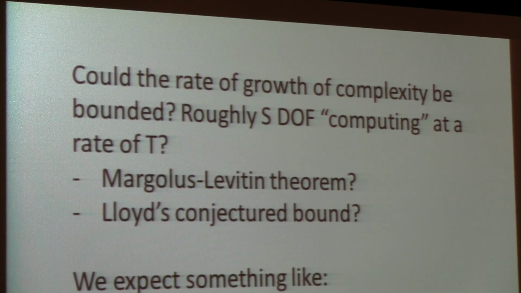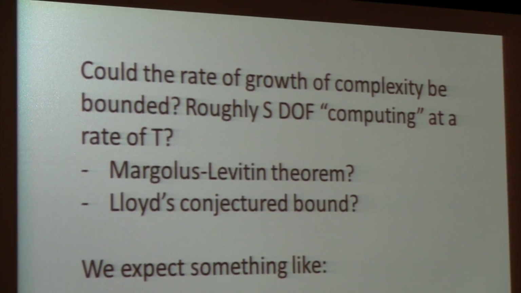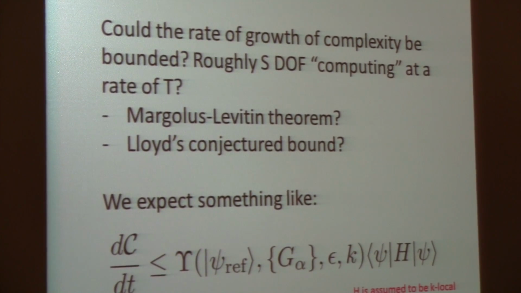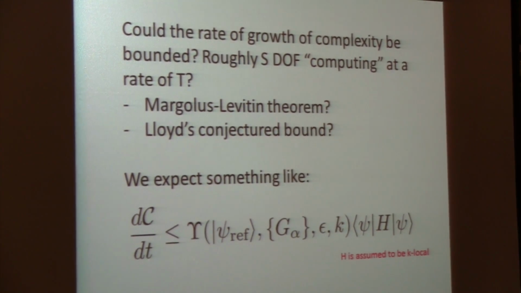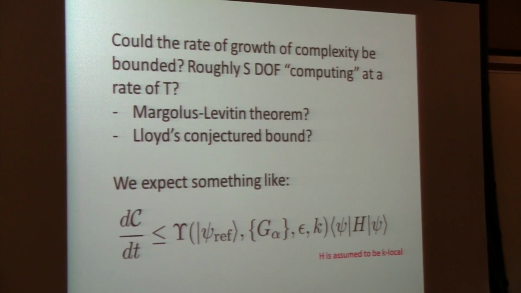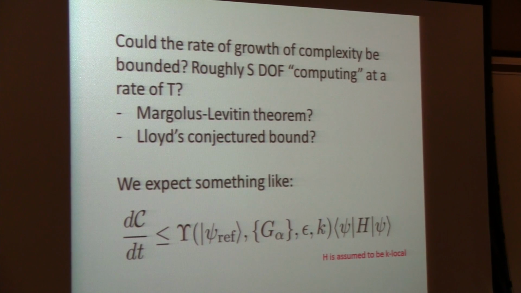And so Lloyd had a conjecture that with some slightly not fully defined notion of computation, maybe the maximum rate of computation would be proportional to the energy. And so in our case, we wanted to imagine that there was some bound along these lines, but not for computation, but for this very precise notion of complexity, which is the number of gates.